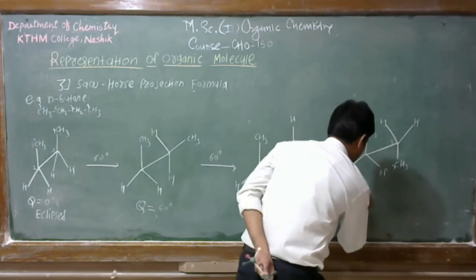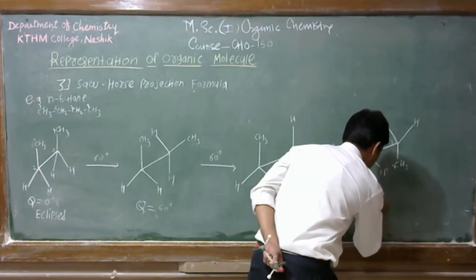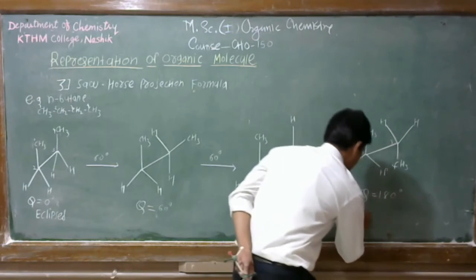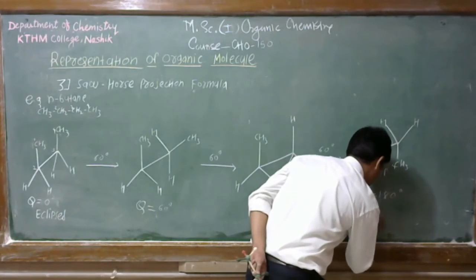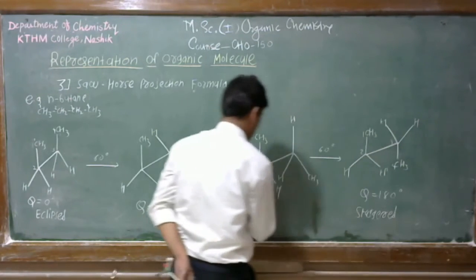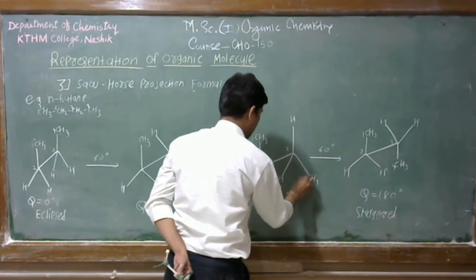See, in this structure, the dihedral angle is 180 degrees, and this is the staggered structure. Staggered form. Now this is 1, 2, 3, and 4.